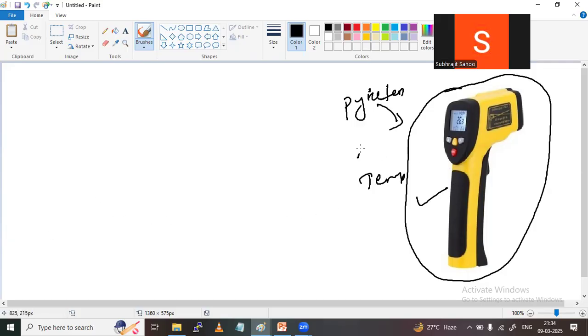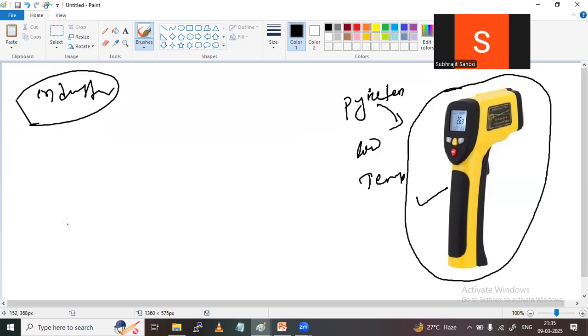This is used to measure low temperature, meaning our body temperature or a little more than that. But what we are going to discuss is used in industries. I told you the applications: molten metal in casting industries, and thermal power plants, coal fired steam generators, where the temperature is very high, around 3500 degrees Celsius to 4000 degrees Celsius.